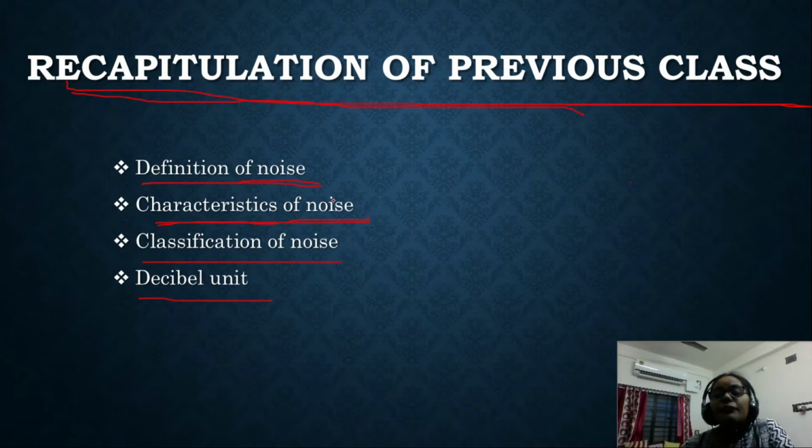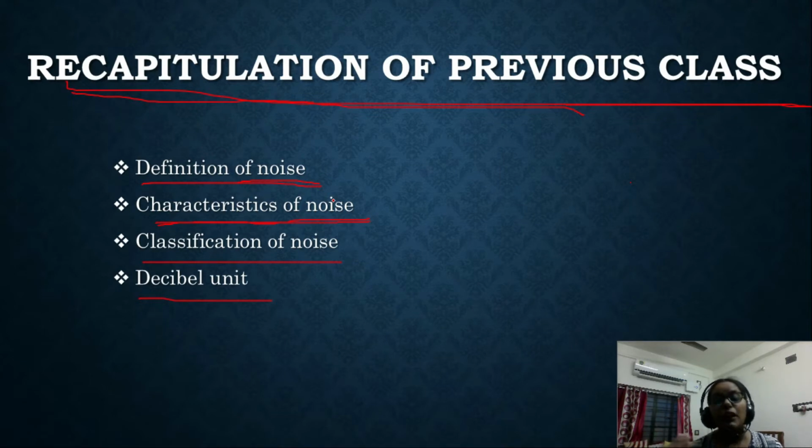Now, if the sound intensity level, in the decibel unit, is higher than 130, that will cause some biochemical effects on us. Generally, up to 100 decibels the sound is bearable for us.